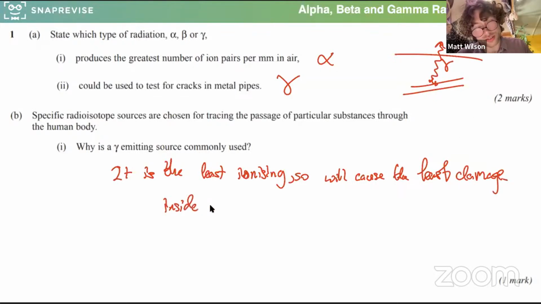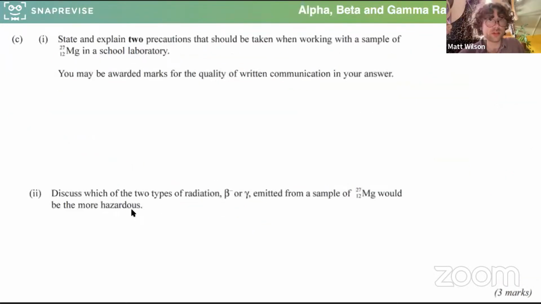Remember, it's a tracer, so it's beginning from inside the body. That's going to be important in a second. We're going to be asked a different, more interesting question. Okay, good.